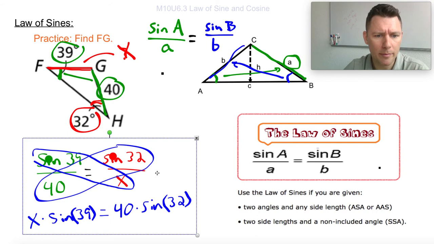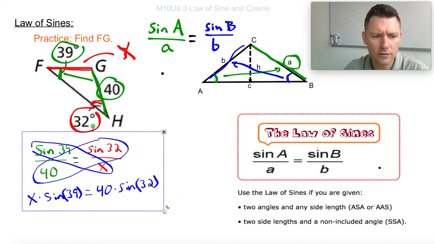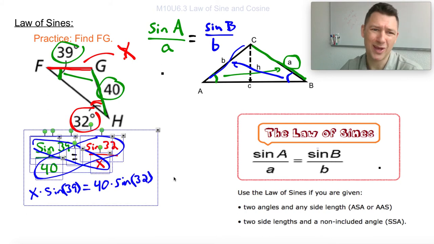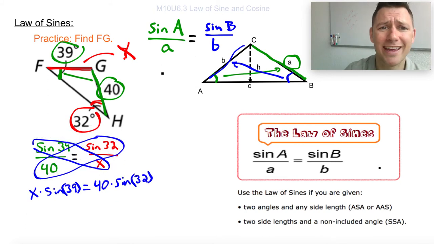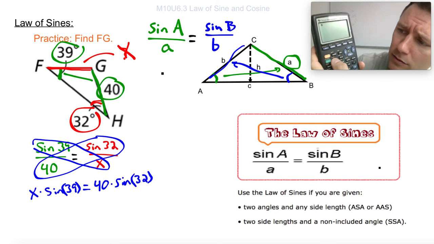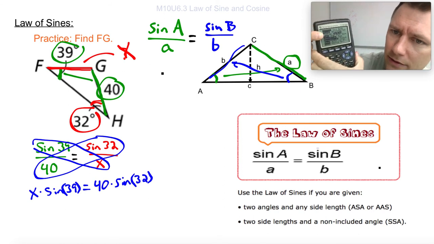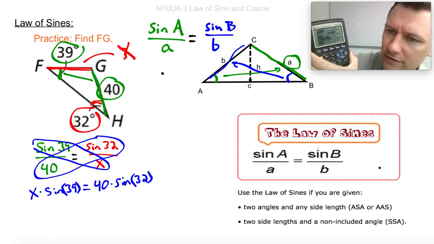So I'm going to grab my calculator. You grab yours and see if you can clean this up before I can. Make sure your calculator is in degrees, hit the mode key. Radians will give you messed up numbers.